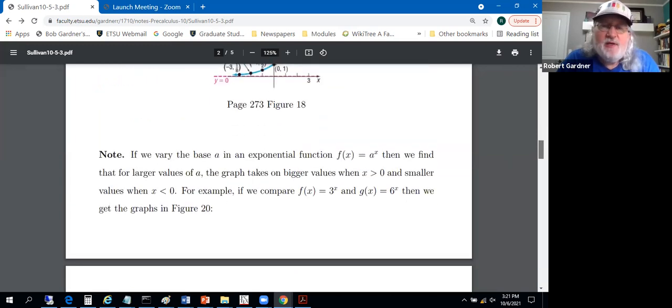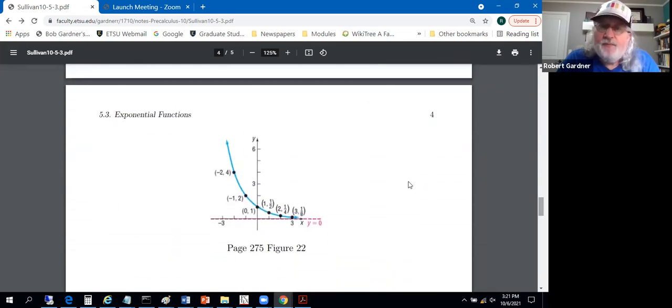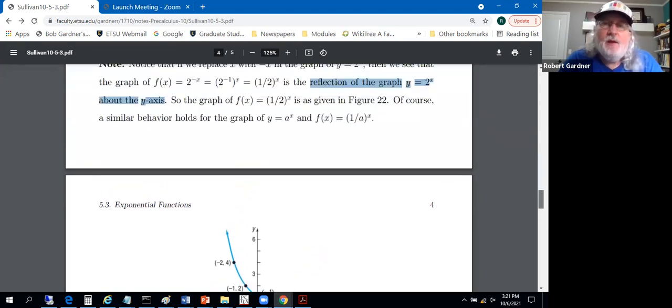The graph is as given here. If you take that previous curve, reflect it with respect to the y-axis, it'll produce this curve. We can also take powers of 1/2 and see that these values are correct in terms of the points plotted. In fact, if we compared y equals a to the x to the function f of x equals 1/x, we get the same kind of behavior.